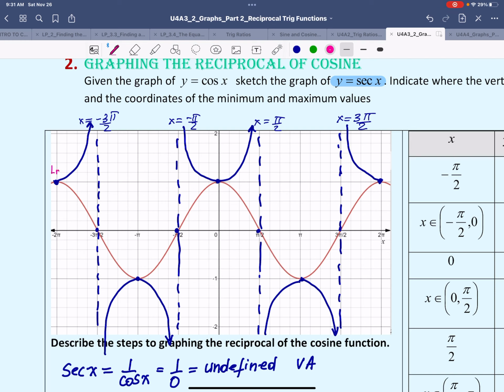So this is a local min, a local min, a local min, and down here we have a local max, again turning points, but they're going upside down, and a local max.